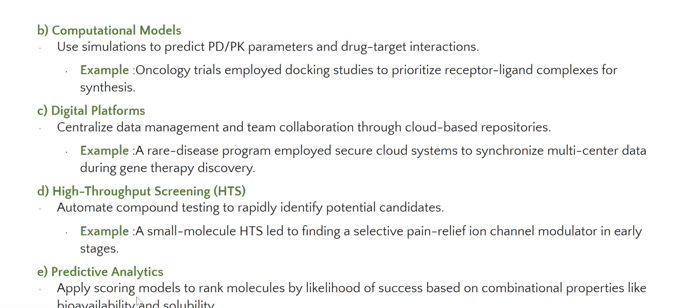Predictive analytics applies scoring models to rank molecules by likelihood of success based on combinatorial properties like bioavailability and solubility. For example, anti-inflammatory drug discovery relied on analytics to optimize efficacy before in vivo models. And the outcome here: the application of these tools ensures precision and efficiency in identifying therapeutic candidates.